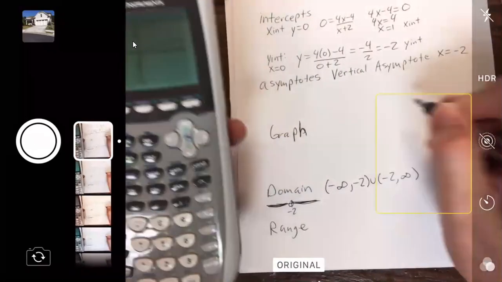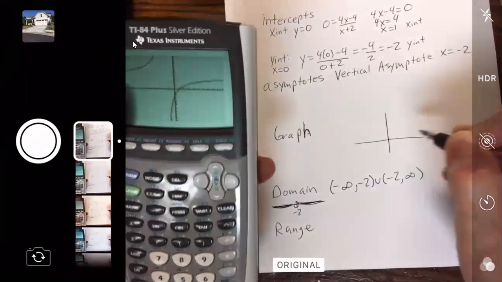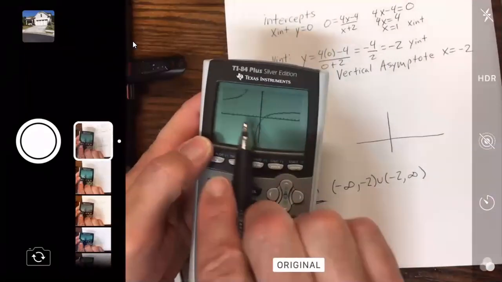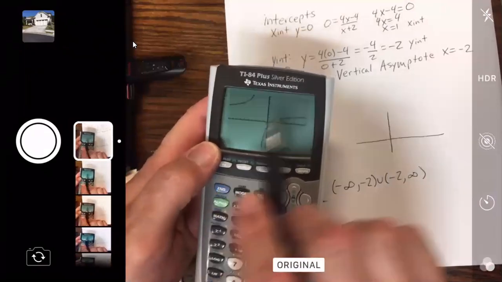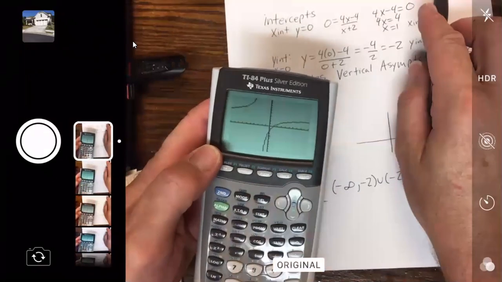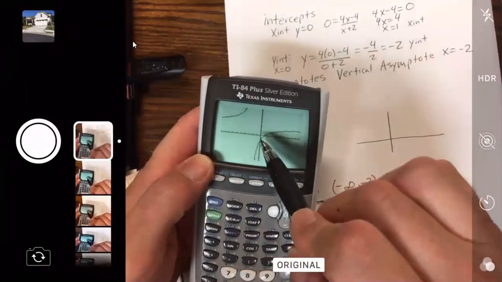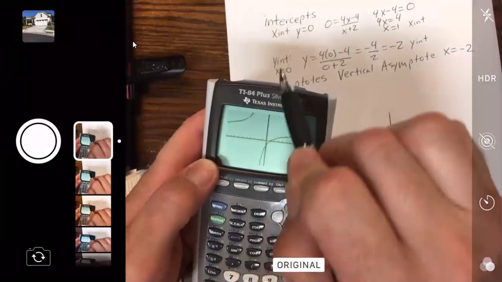Okay, so this is why it's kind of important to know what you're doing. It's hard to see where you're blowing up straight off the graph. That's why it's very important off the formula. You're blowing up at -2. Even though on this window, to really see it approaching -2, I have to see a much bigger Y max.